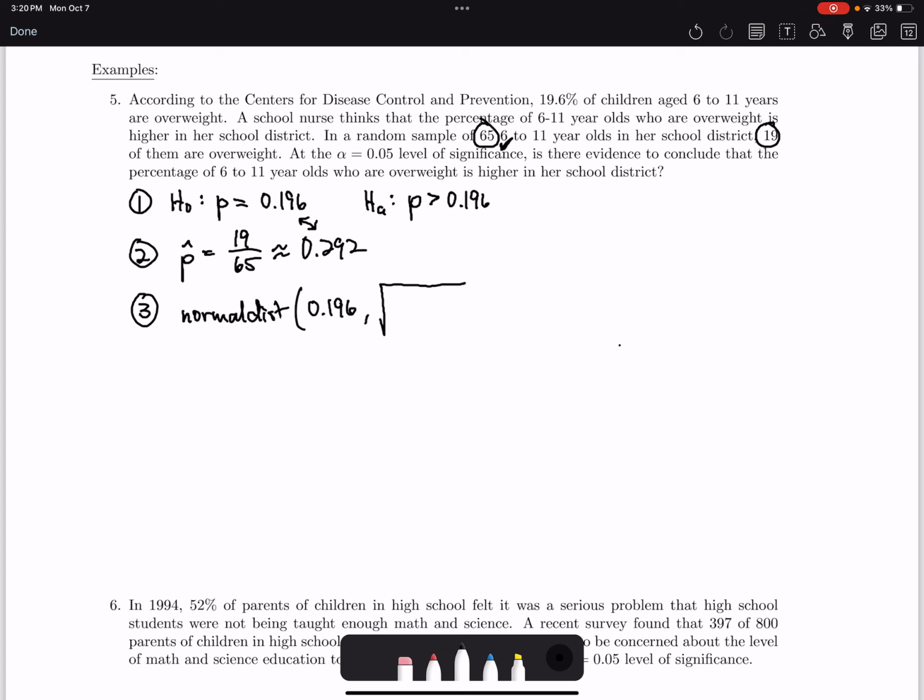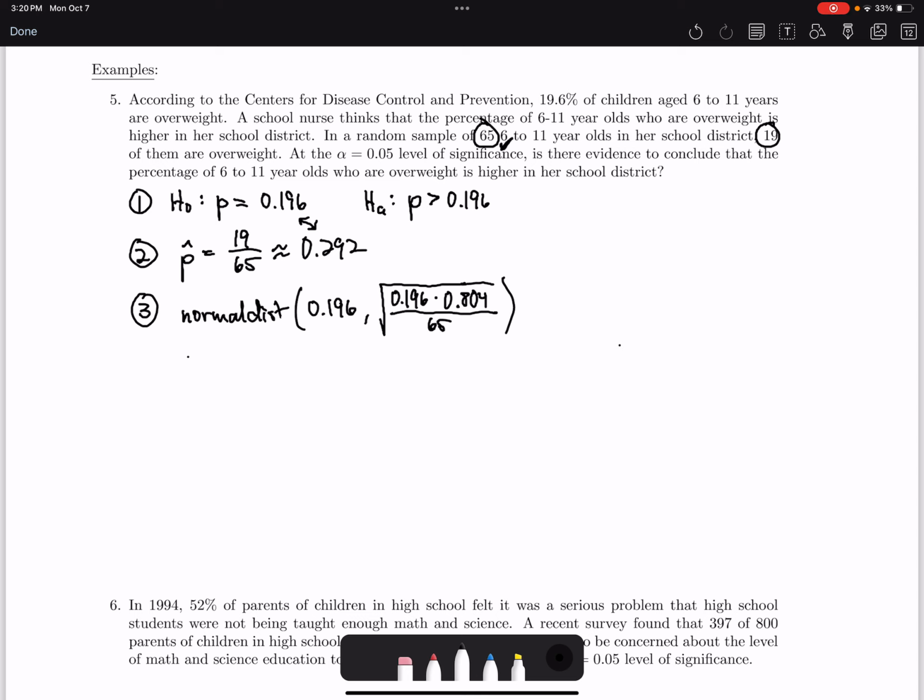Okay, and then for the standard deviation in our normal distribution, we would use the square root of p times q, 0.804, and then divide by the square root of our sample size, n.